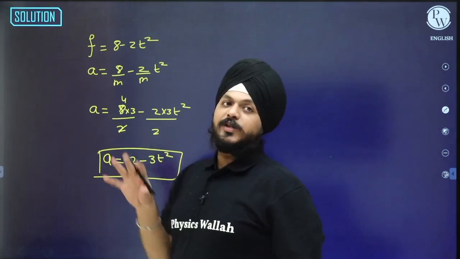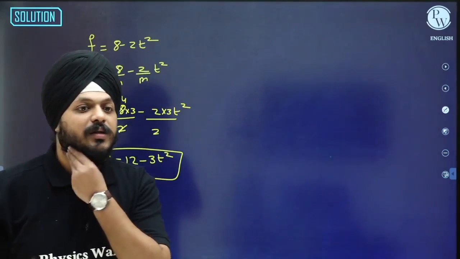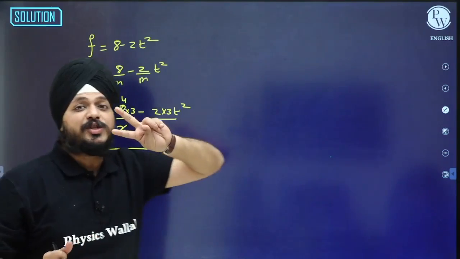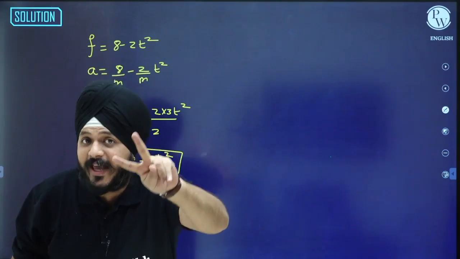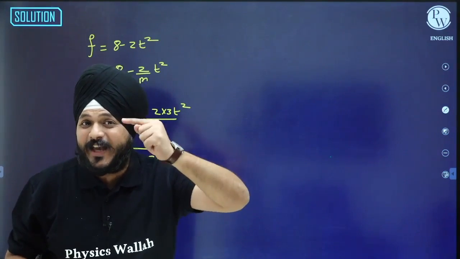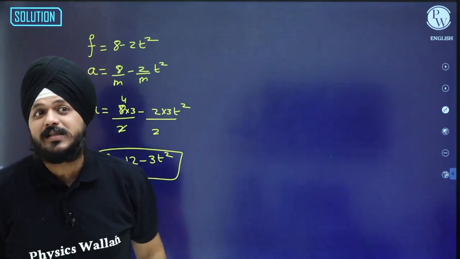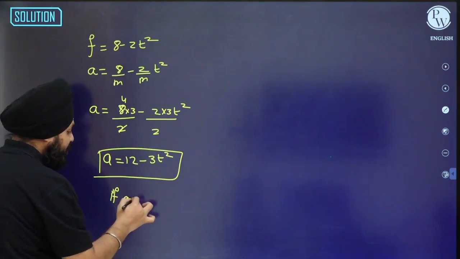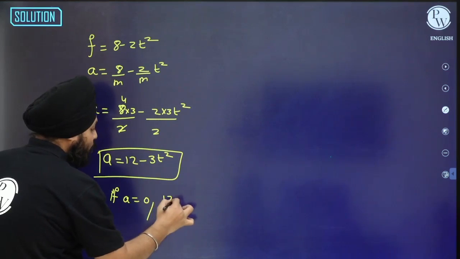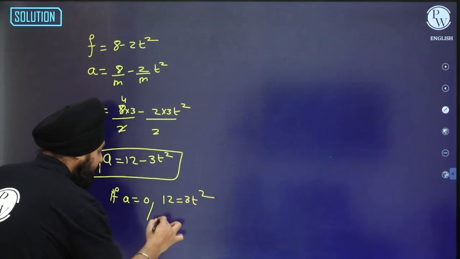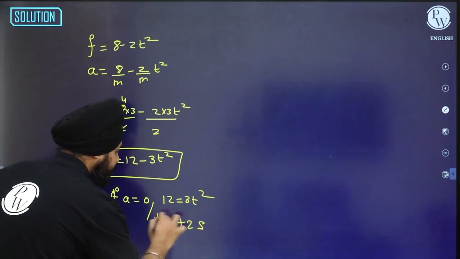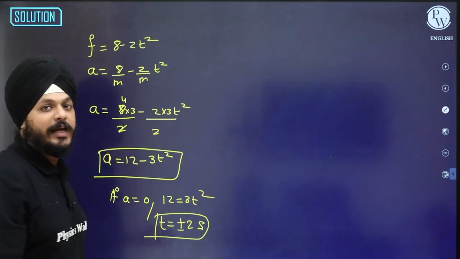We reached the equation of the acceleration from force. Now, in the question it was written acceleration is becoming 0 twice. So first we need to calculate at what time this is happening. If acceleration is 0, it means 12 is equal to 3t square. So we have two values of t, plus or minus 2 seconds.